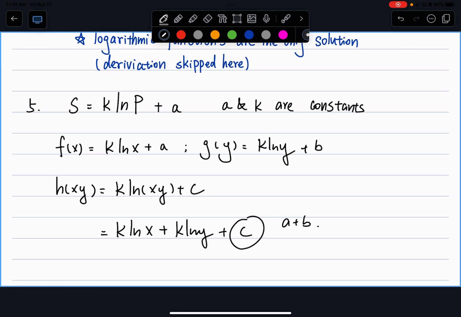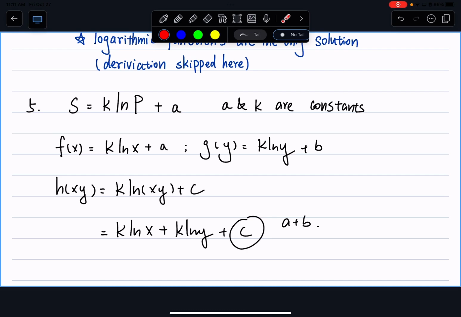To be more specific, we have S, the absolute entropy, equals some constant times log probability plus another constant A. So if your statistical mechanics is good enough, you can actually derive the absolute entropy by understanding how probable your system is from its equilibrium state. All right, so what is the physical meaning of entropy? It is a probability.